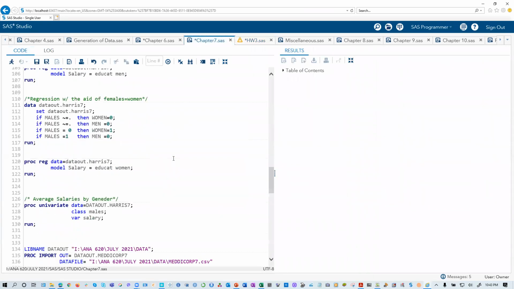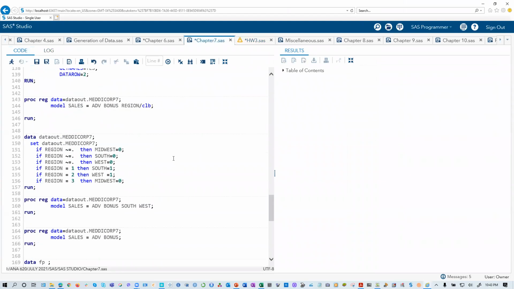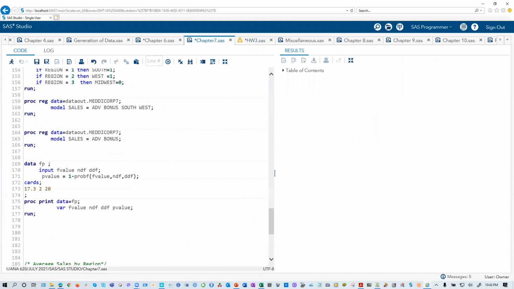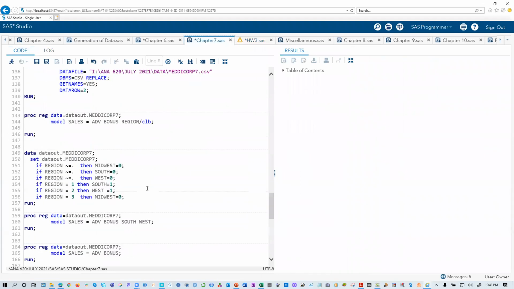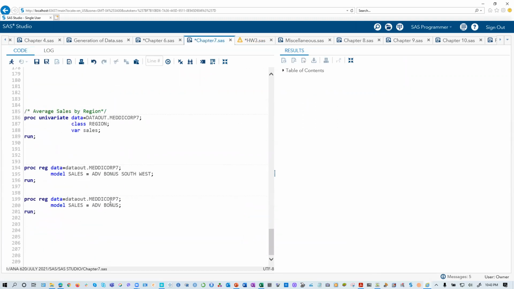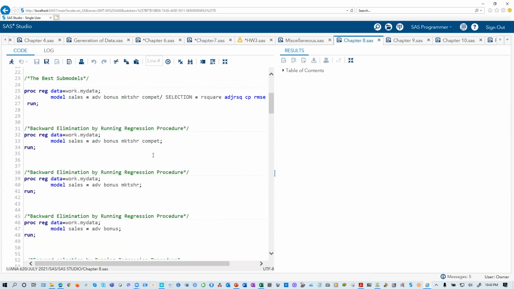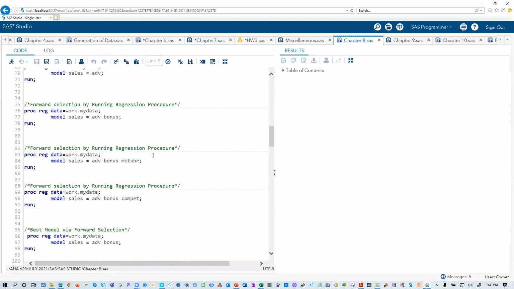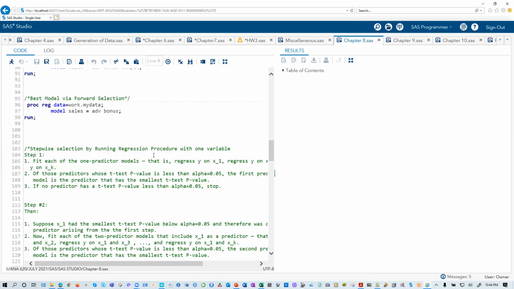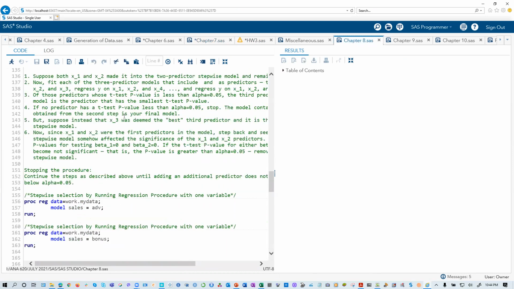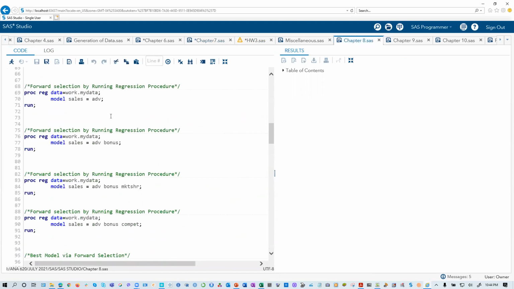You can see men and women. This is for the market share. That one, if you see the same thing, let me see. Oh no, chapter 8. Stepwise, all possible. We're going to do this one tomorrow, but for the time being, let me see.